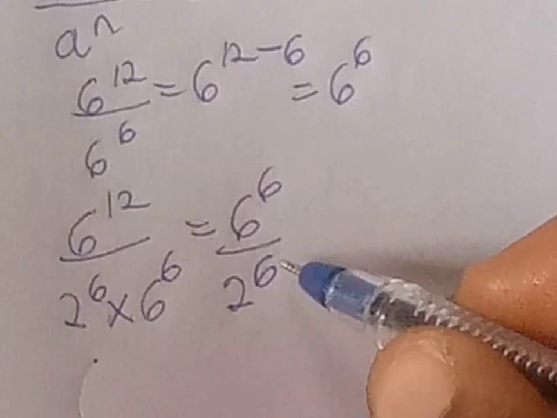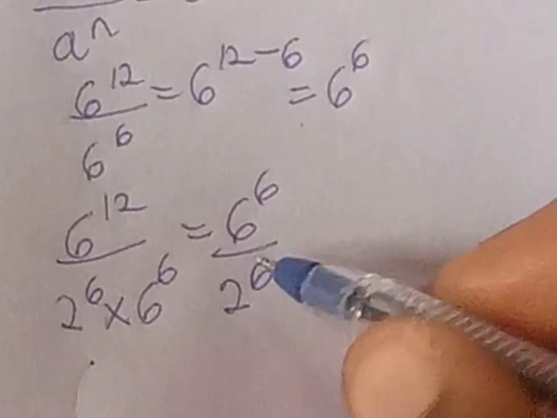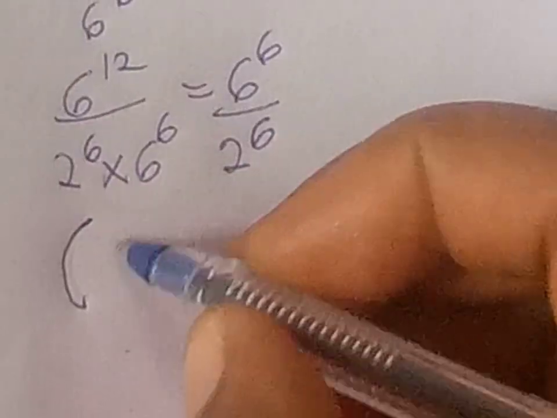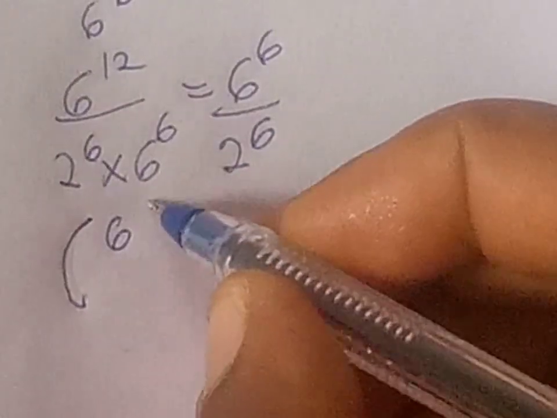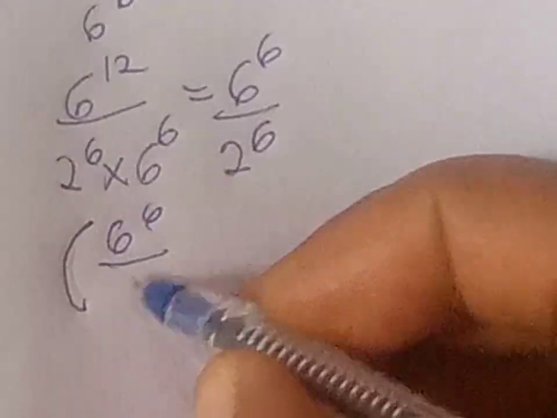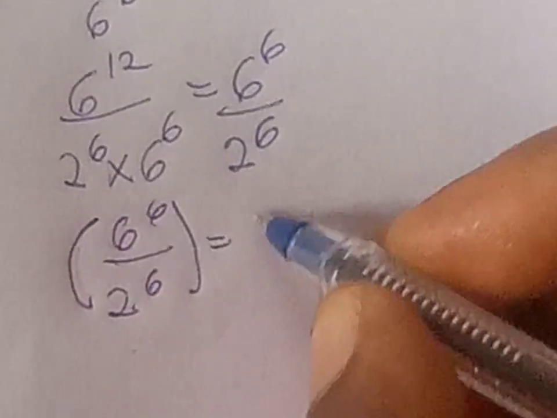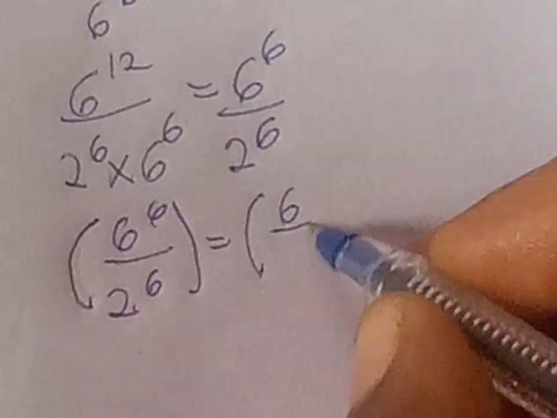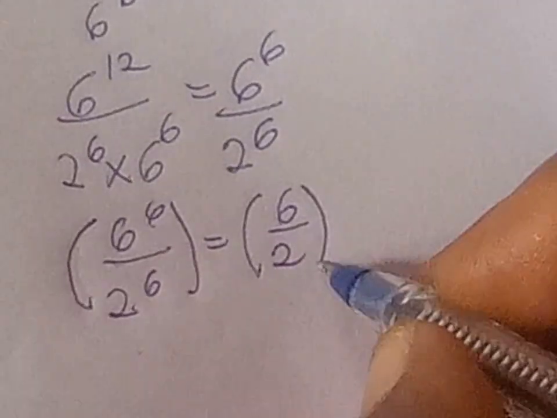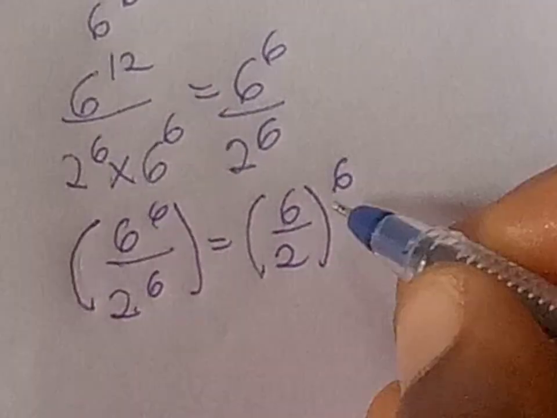So we can put them together inside one fraction. That is 6 raised to the power of 6 divided by 2 raised to the power of 6, which will give us 6 divided by 2, all raised to the power of 6.